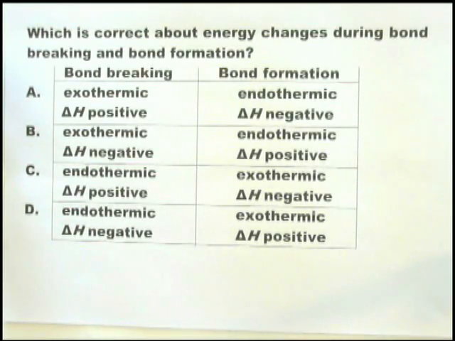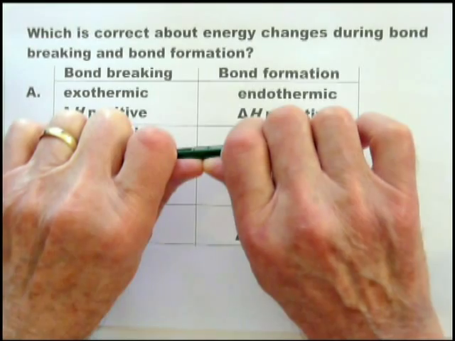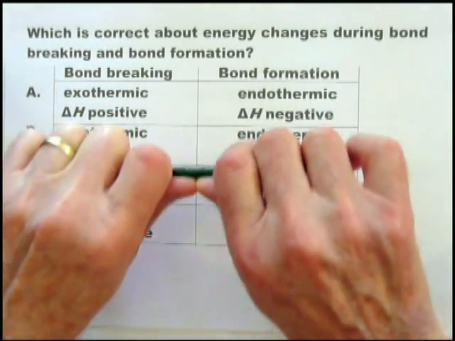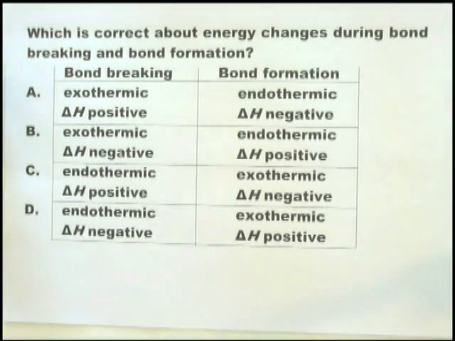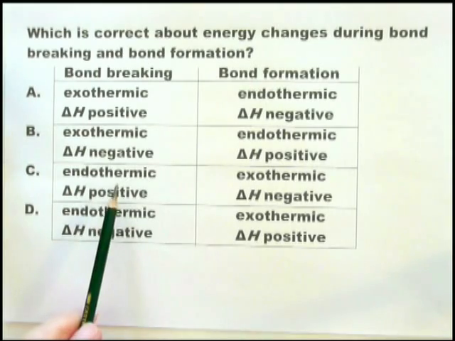Now, I'm somebody who remembers that breaking a bond is like breaking a pencil. You have to put energy in. If I put this pencil here and I want to break it, then I have to put energy into breaking it. So I look at the endothermic point of bond breaking.